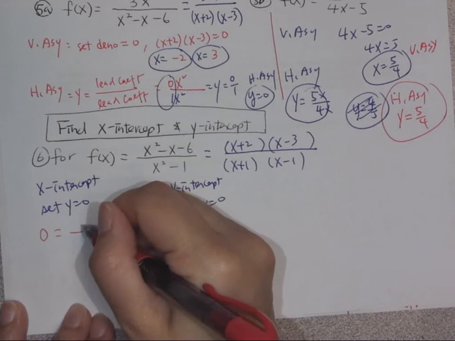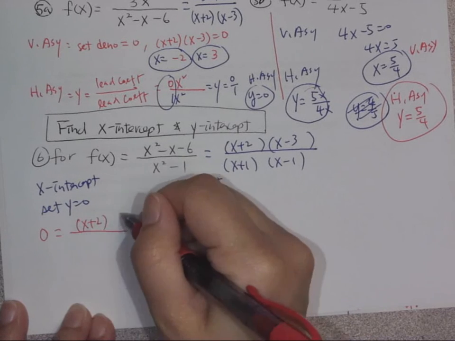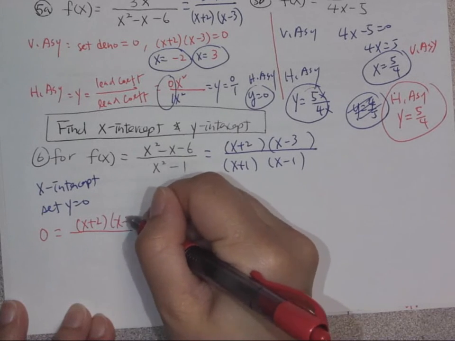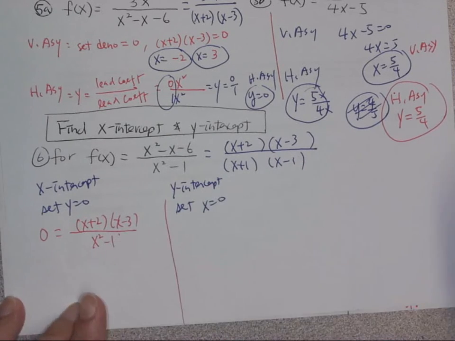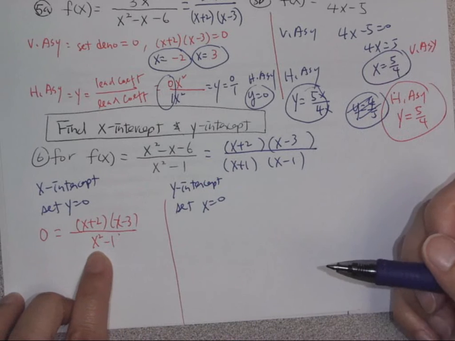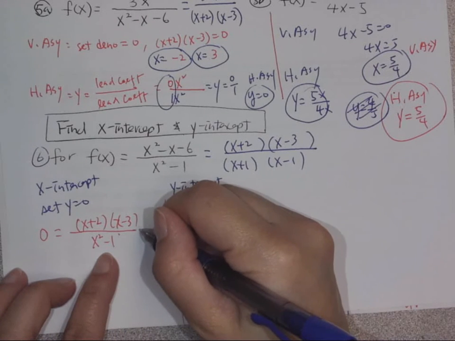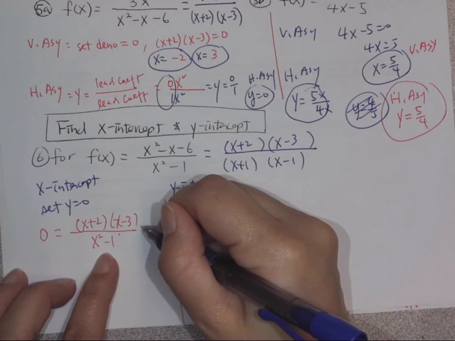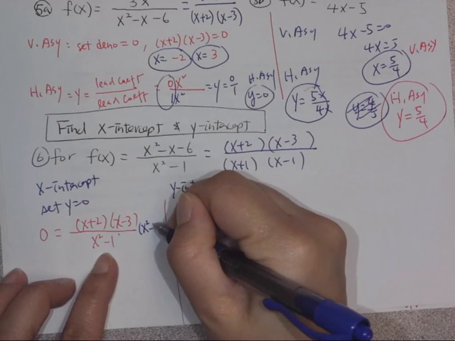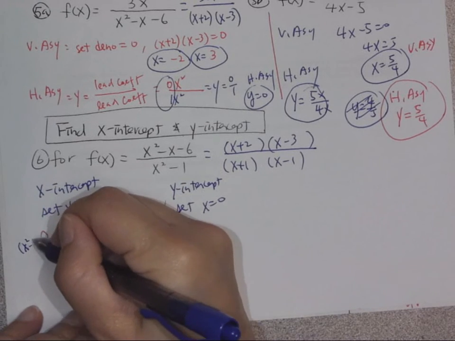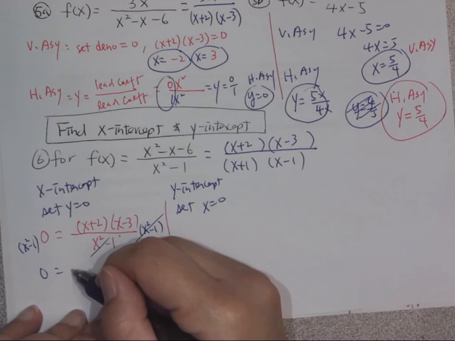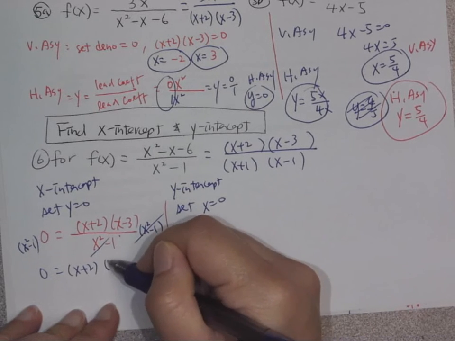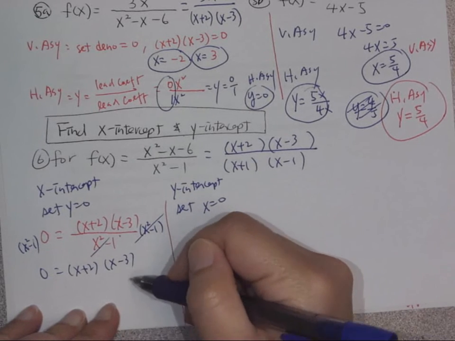We have x plus 2, x minus 3 over the denominator. Can I just do x squared minus 1? Because I need to get rid of the denominator anyway, right? So we multiply both sides by the denominator. 0 times anything is 0, and the denominator cancels, so x plus 2, x minus 3 equals 0.